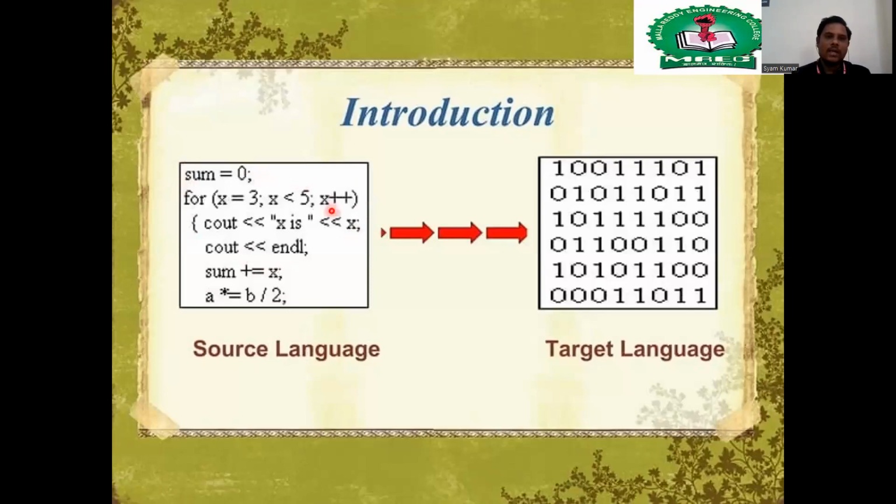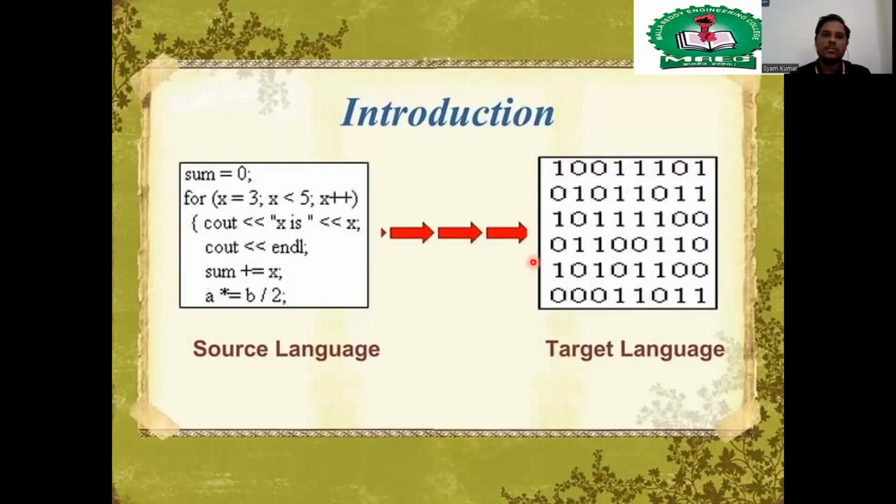And how should this high-level language be converted into machine understandable language? The machine understandable language is the target language. It is the source language, the high-level language, and it is the target language, the machine understandable language. So how should it be converted?